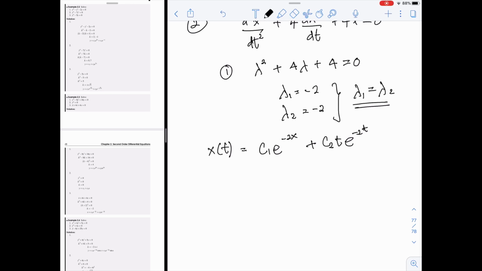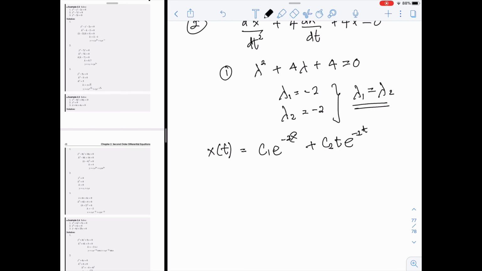You need to remember to change this with your independent variable. So to write it clearly here, it is c1 exponent negative 2t plus c2 t exponent negative 2t. So this is the answer for repeated roots.